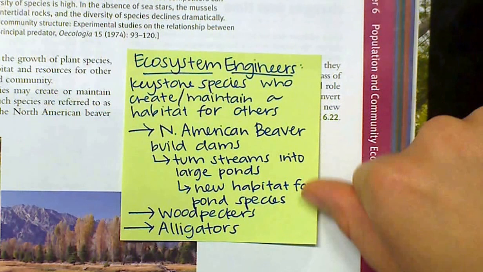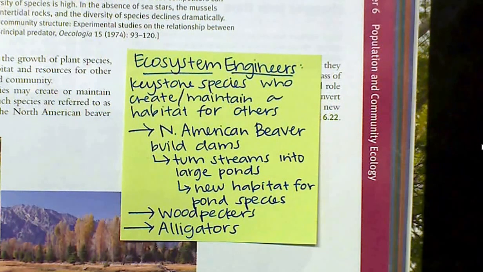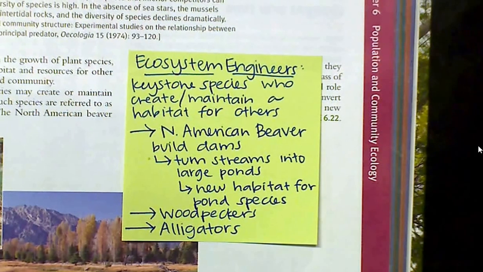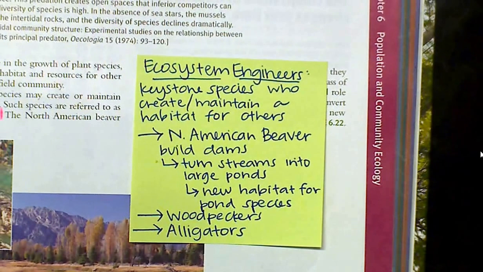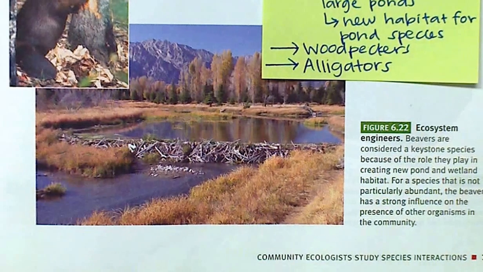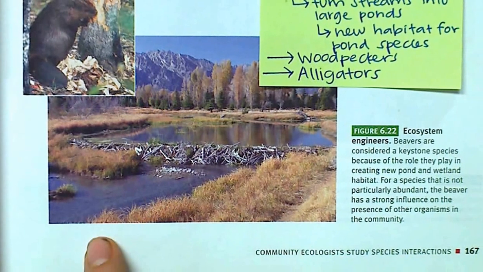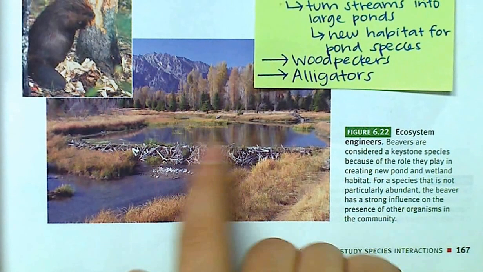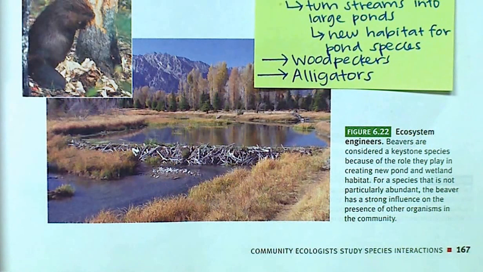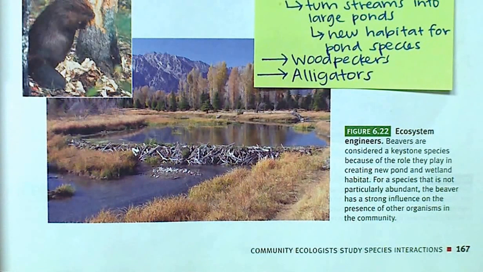Not a lot of pond species are able to live in rivers because the water is moving too quickly. But if we create a pond situation, then more species are able to move in. If we look here, it's still trickling out a little bit, so there is still some river happening, but it's created this little retention pond for species who prefer quieter water to live.